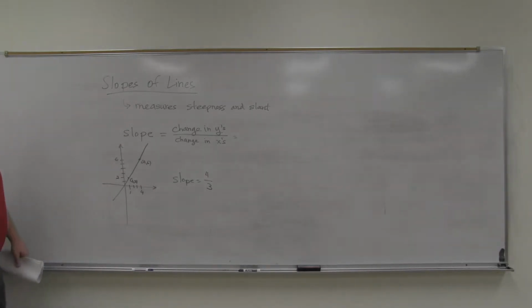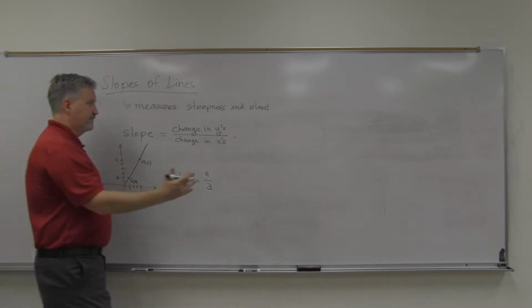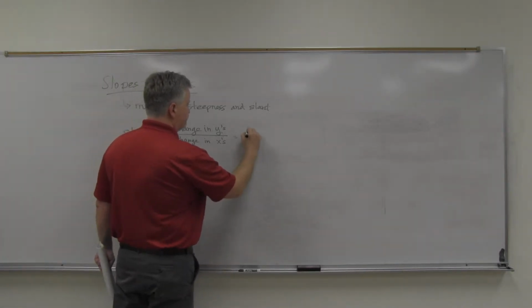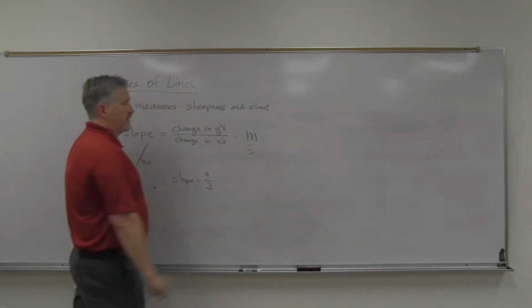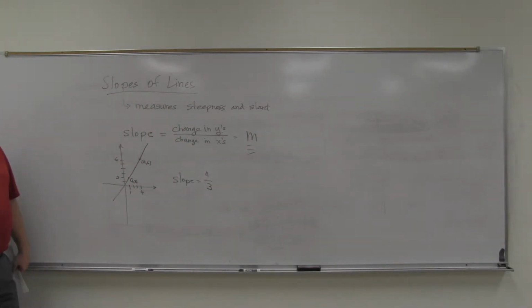Positive 4/3. Now, in practice, it's probably better to have a little formula. And the one thing I meant to mention a while ago, the letter designation for slope, if you don't already know, is the letter M. M is the letter for slope.